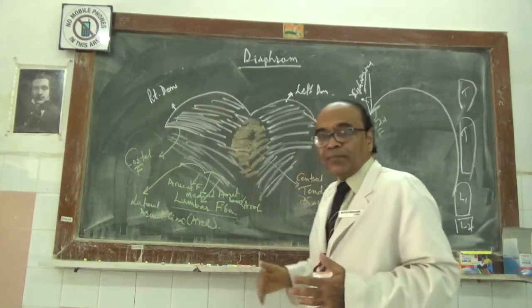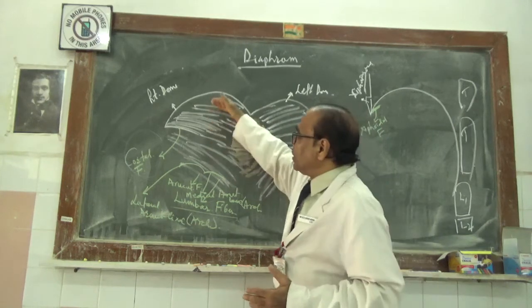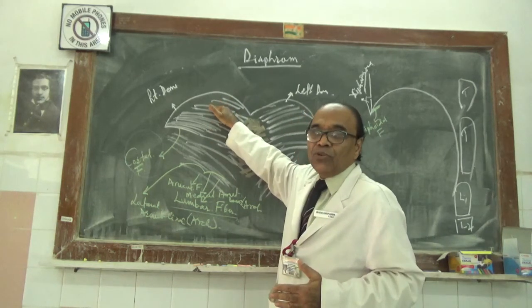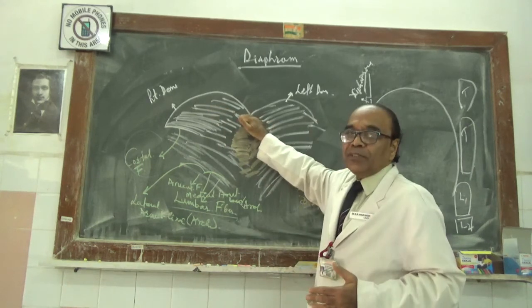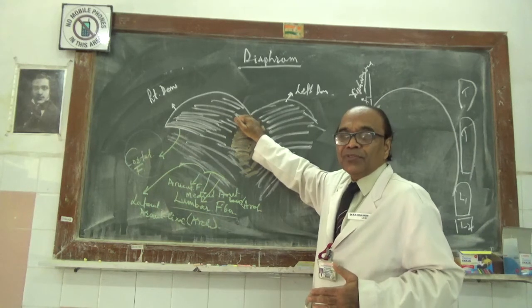The right dome of the diaphragm separates the diaphragmatic surface of the right lobe of the liver, as well as a very small portion of the diaphragmatic surface of the left lobe of the liver, the very smallest part.